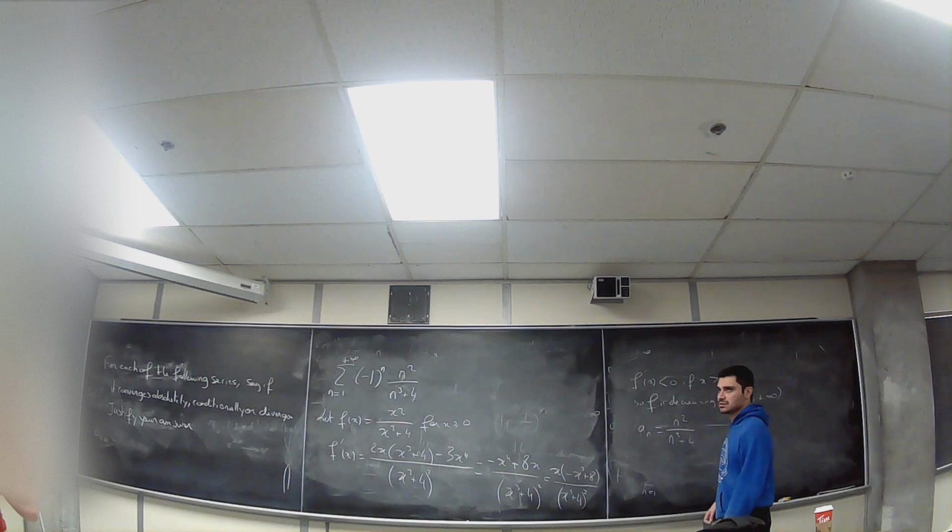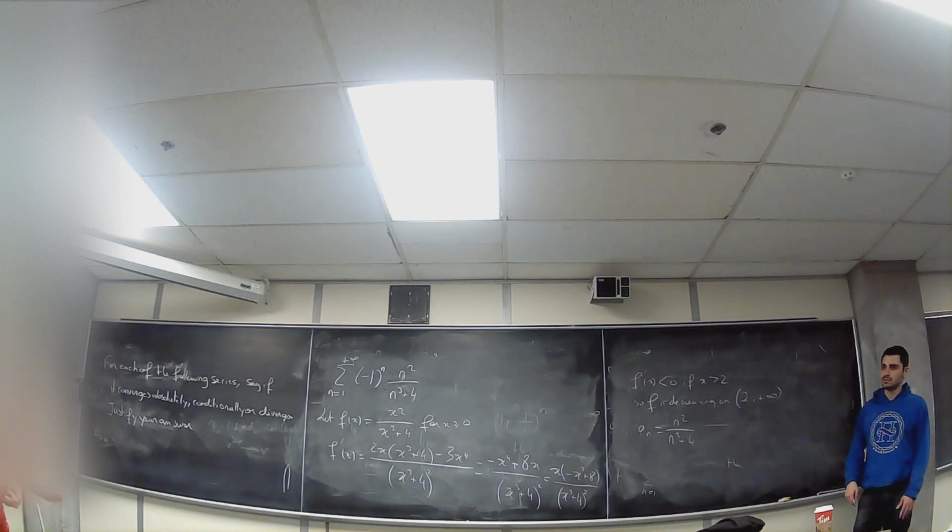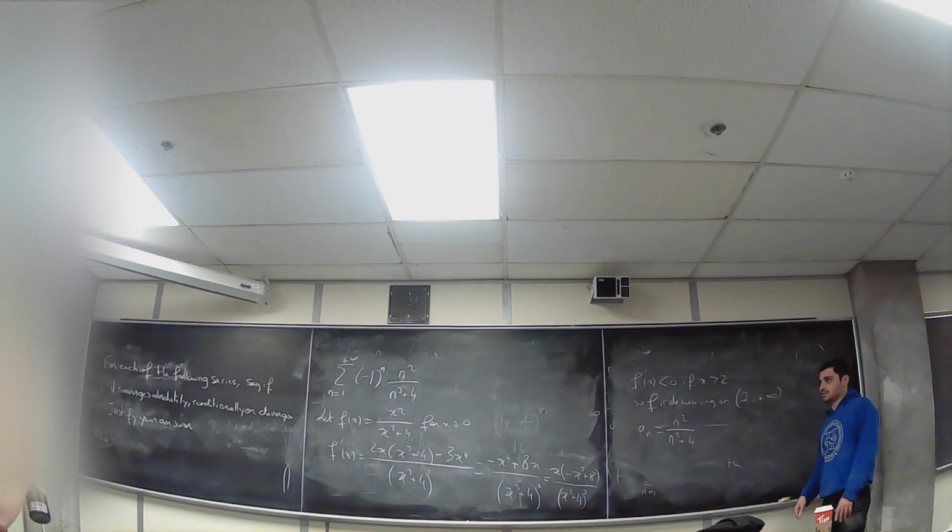So it's not a surprise that it's decreasing eventually. So a_n, n squared over n cubed, of course, is decreasing for n bigger or equal to 2. Now a_n is positive.